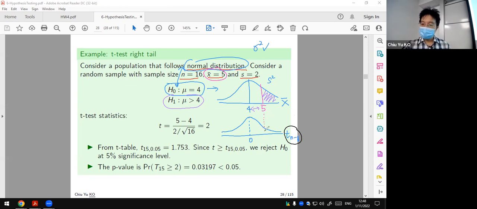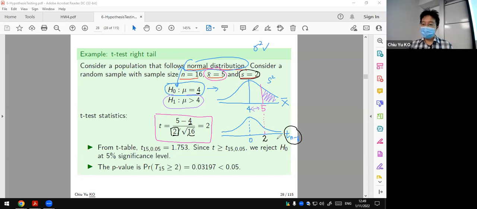So what is the test statistic in the same idea? The test statistic comes from here. You take 5 minus 4, 4 comes from here, and 2 comes from the S, and the square root of n, right?